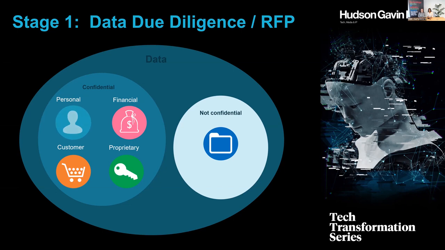And the current law will be replaced by a new act which comes into force on the 1st of December this year. You may have heard a lot of discussion about the new act and what it might mean for your business. We are not going to go into the detail of the new act in this seminar, but what we will do is touch on some of the obligations under the Privacy Act and the impact that they might have on a tech transformation project.